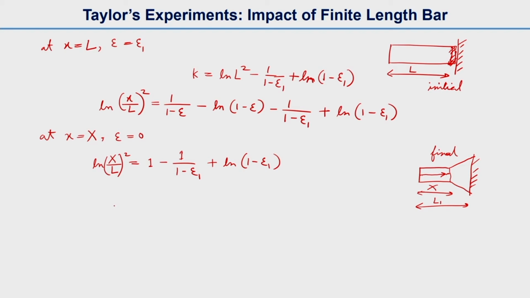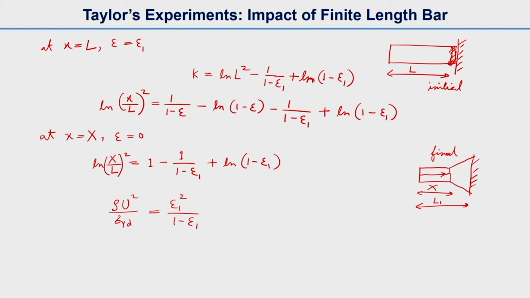From an earlier expression, what we know is rho capital U square over sigma yd, which is the dynamic yield strength, is equal to sigma 1 square divided by 1 minus epsilon 1.